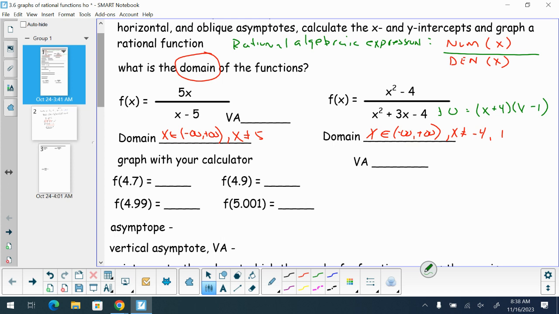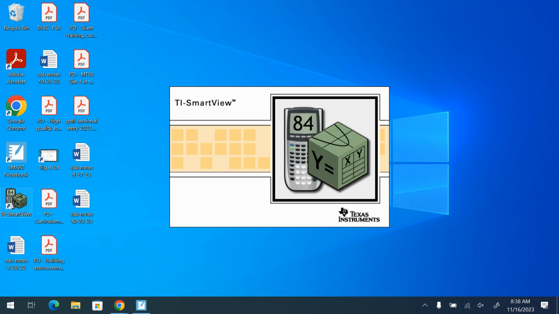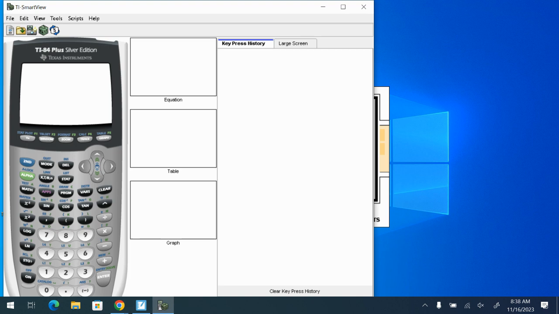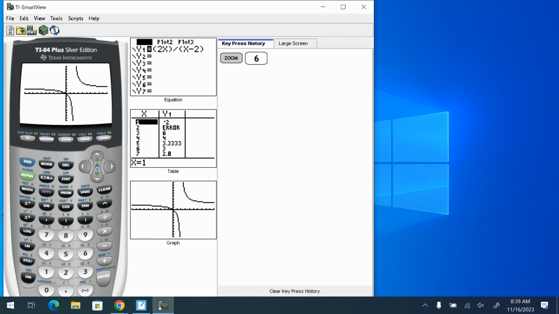In your calculator, first off, you need to make sure your window is set to something that would work for us. So if you go to Zoom and hit 6, that's going to set our window to where we want.